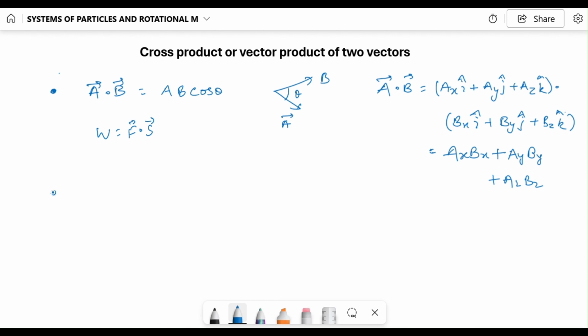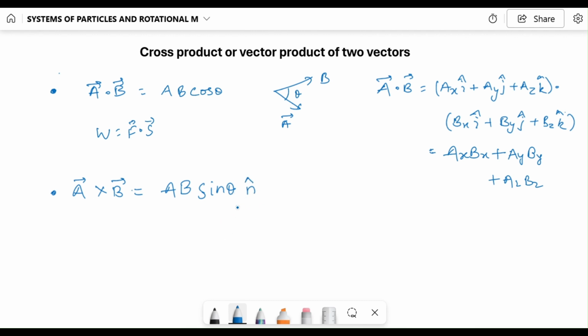Now there is a situation where two vectors can give a vector quantity as a result of the product. Here, the magnitude of vector A times the magnitude of vector B, instead of cos, we have sine theta, and there is a unit vector.